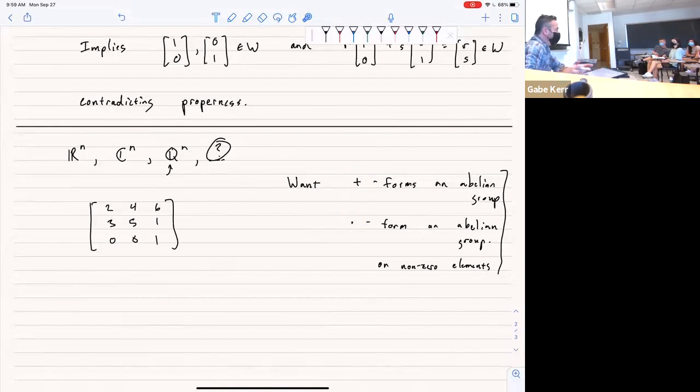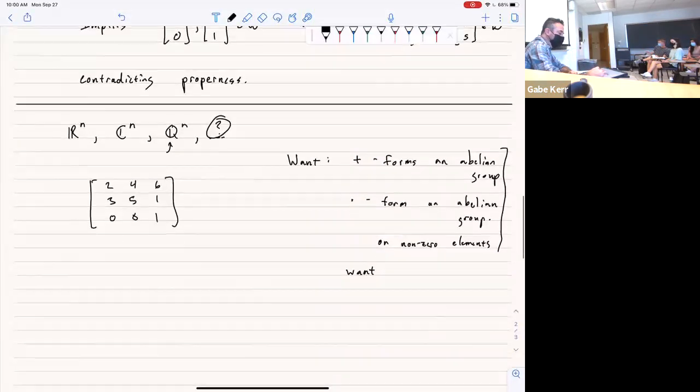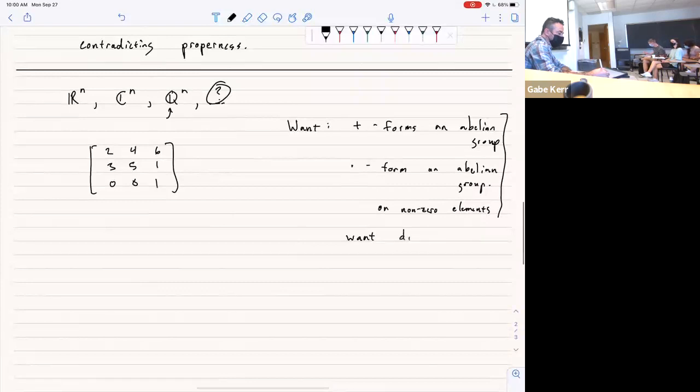They should cooperate, at least in the basic ways that we expect. So we want compatibility between these operations, so a distributive property, which, as you recall, is just this property.